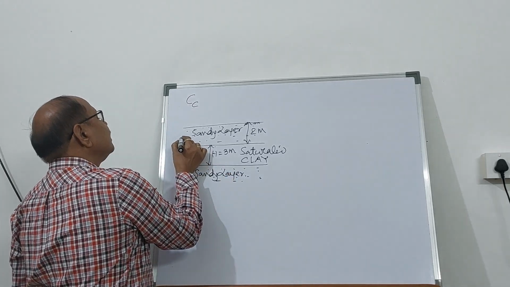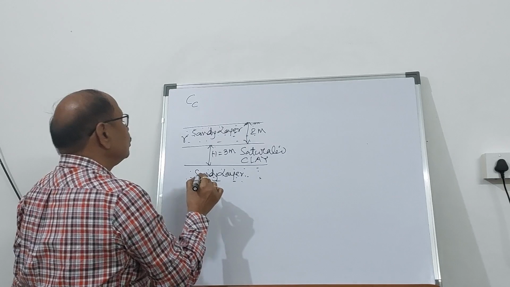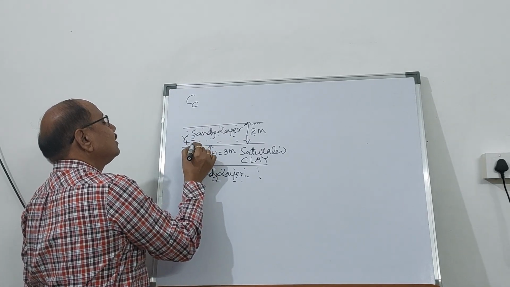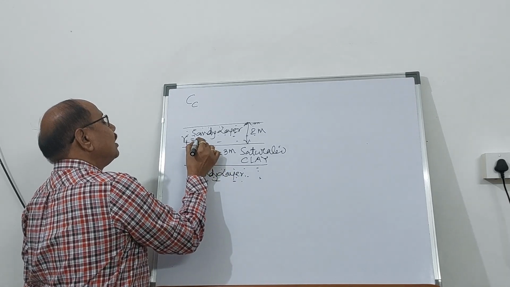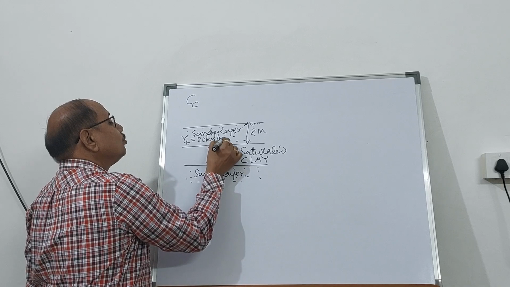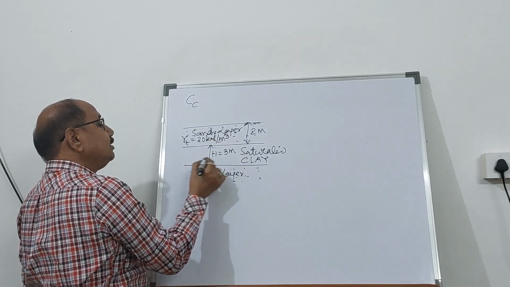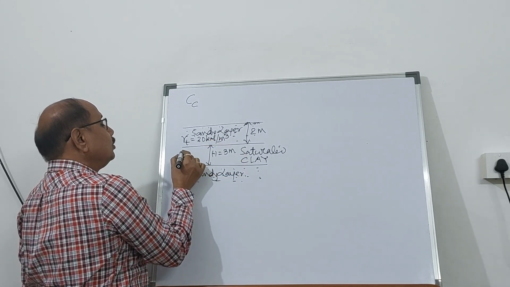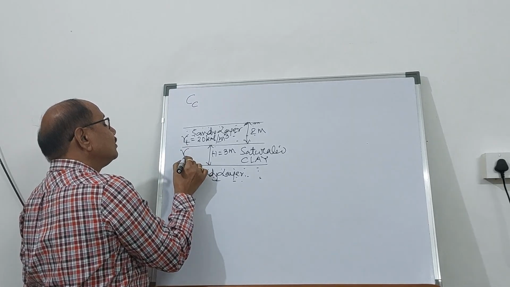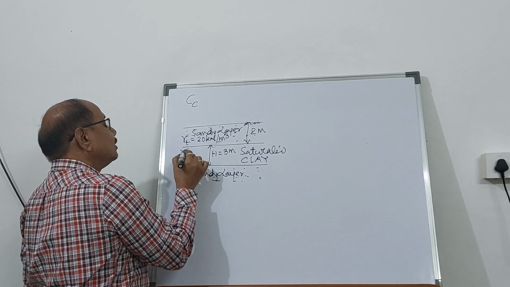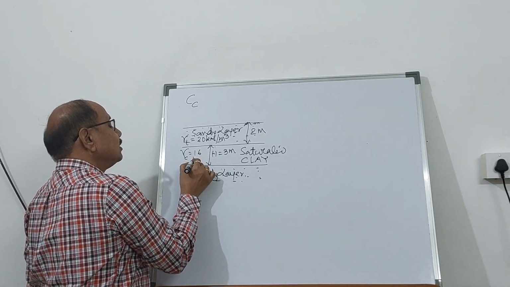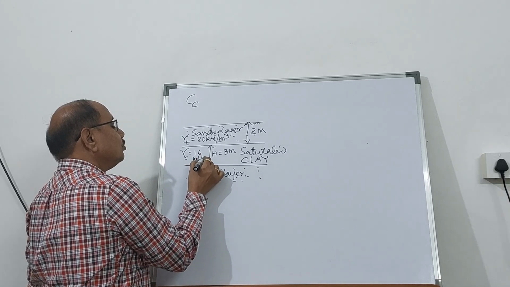The total unit weight of this sand, gamma T, is 20 kilonewton per cubic meter, and the total unit weight for this clay is 16 kilonewton per cubic meter.